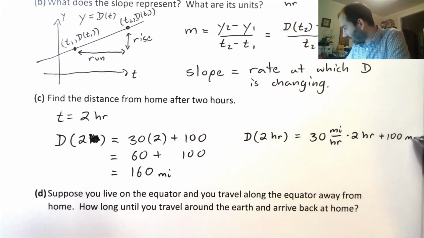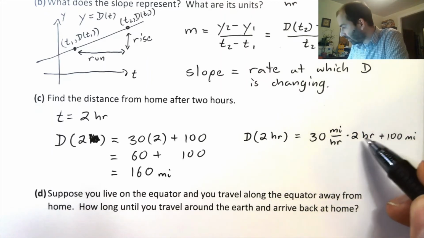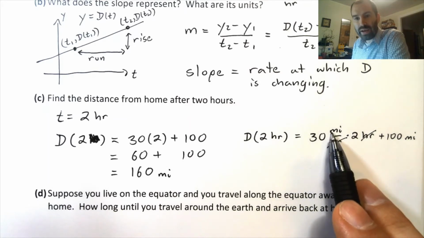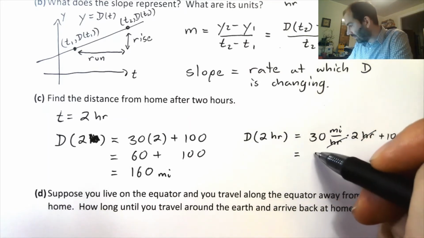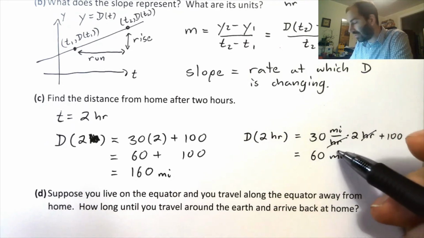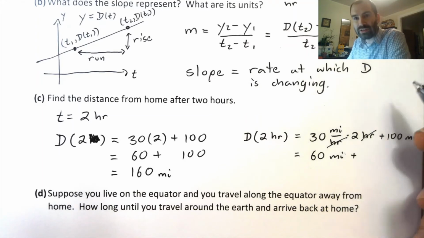So that's miles. Now look what happens here. Hours divided by hours, they cancel. So I have 30 miles times 2. That's 60 miles. Just treat the unit like a variable, right? Just treat it like x.